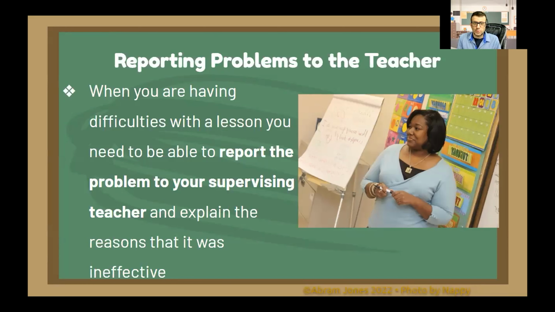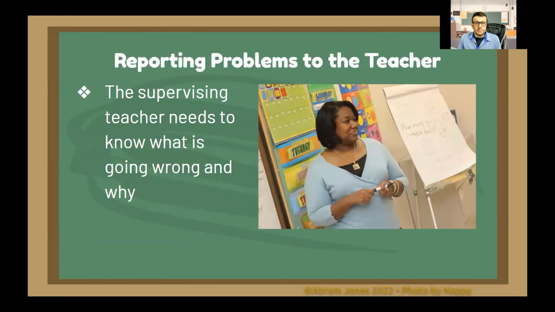This helps the whole program. This helps the whole school year because the teacher may want to adjust the materials that are being made available, may want to substitute or edit those materials. Supervising teacher needs to know what is going wrong and why it's going wrong.